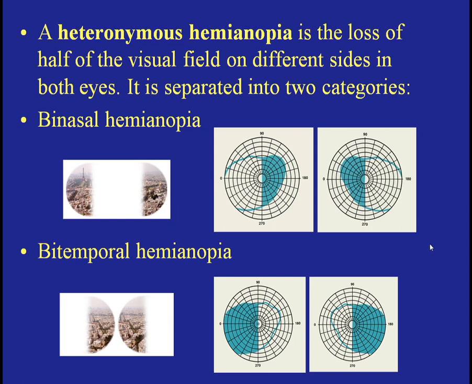A heteronymous hemianopia is the loss of half of the visual field on different sides in both eyes. It's separated into two categories: binasal hemianopia and bitemporal hemianopia, visual fields.